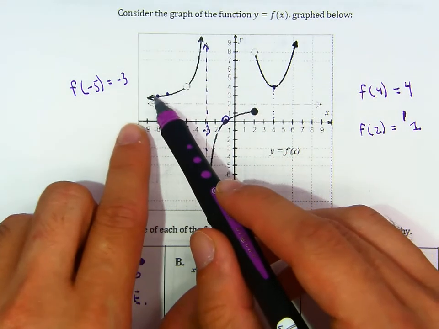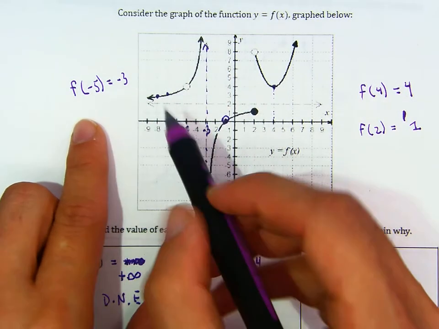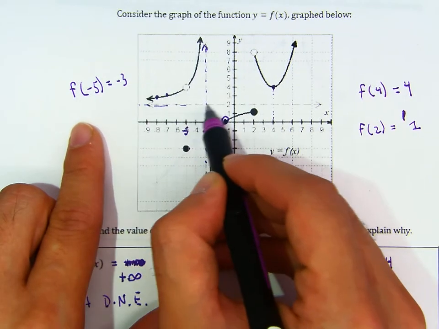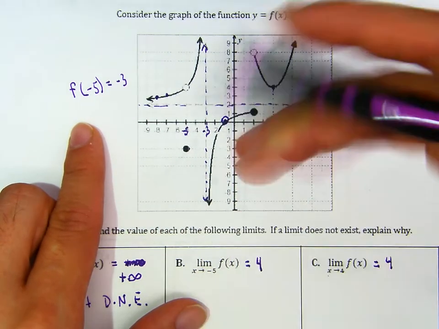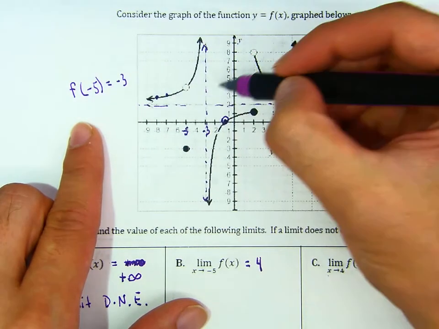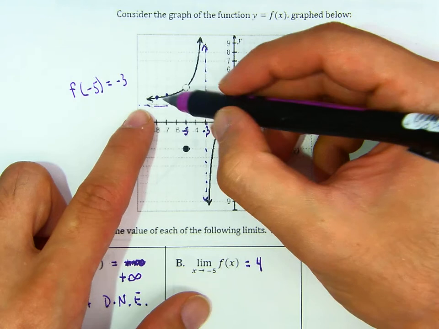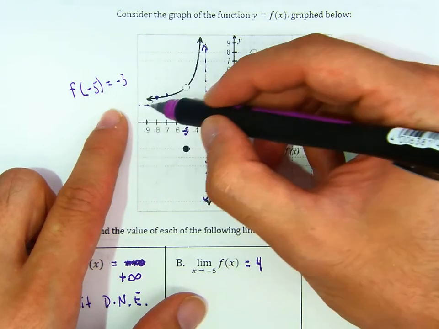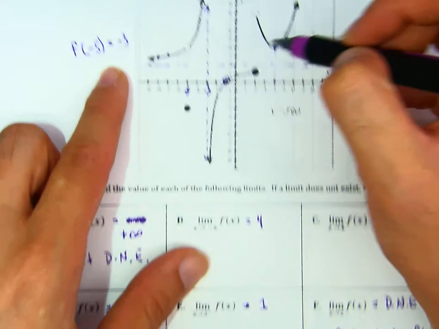It has to do with the asymptote. You see how there's this line here? It's saying that this graph cannot cross this boundary. So what y value is it approaching? The y value it's approaching is 2.